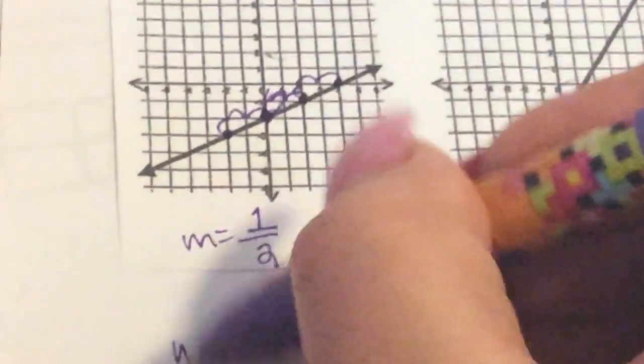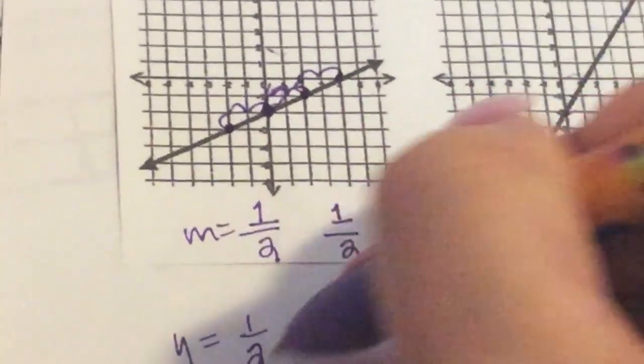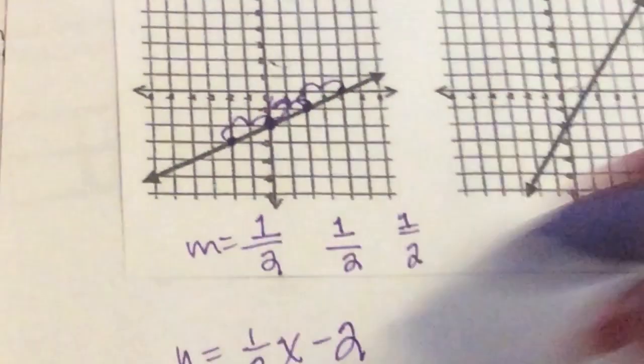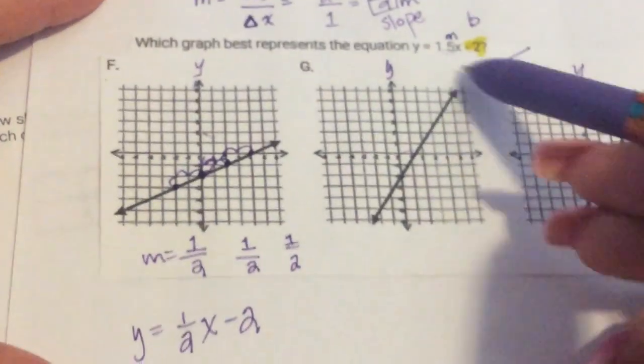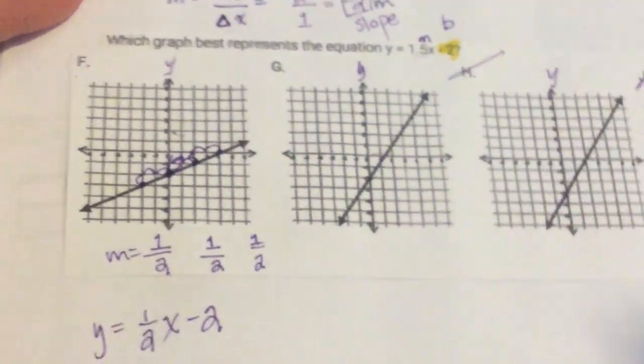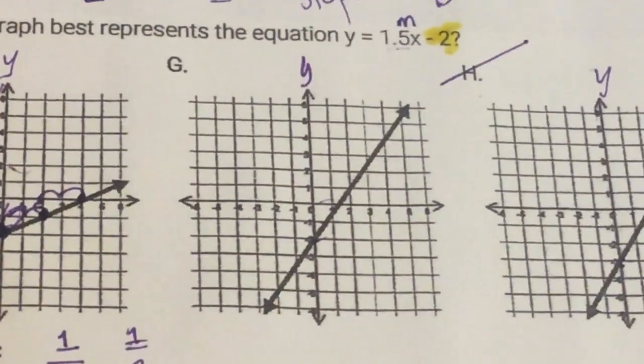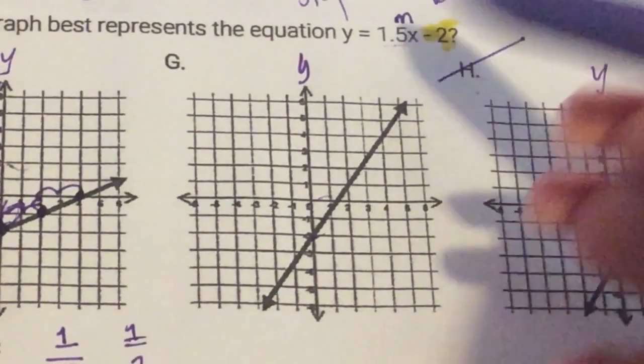So the equation here will be y equals 1/2 x minus 2. And I see I don't have 1/2 x. So I'm going to prove that the other graph is actually the correct graph for that equation.